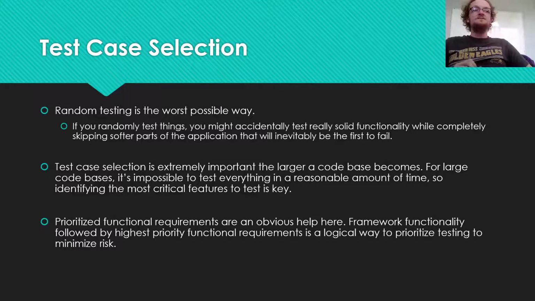If you try to do random testing, this is kind of the worst possible way of doing things, because what you're ultimately going to end up doing is testing the pieces of the application that people are the most familiar with. And if you are testing the pieces that people are the most familiar with, you're testing the most solid components of the app.